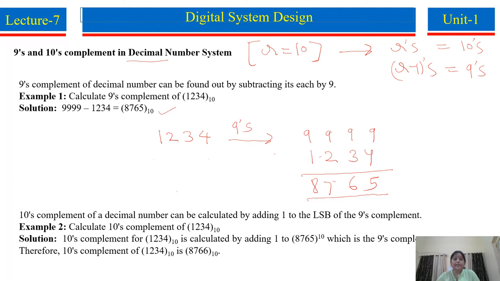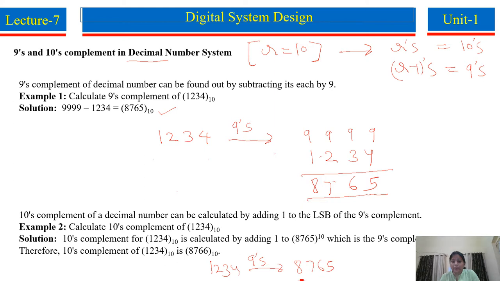Next is 10's complement of the same number 1, 2, 3, 4. For calculating the 10's complement, means r's complement of decimal number system, first of all you calculate r minus 1, means 9's complement. Then you add 1 at LSB. तो क्या करना है आपको? First of all the number is 1, 2, 3, 4. You calculate 9's complement, so 9's complement is 8, 7, 6, 5.